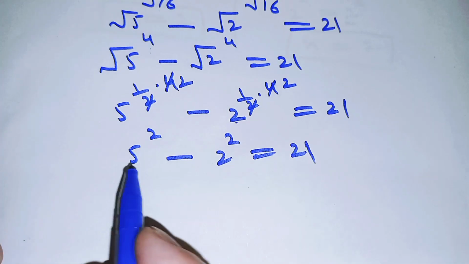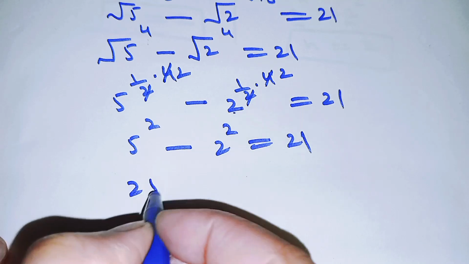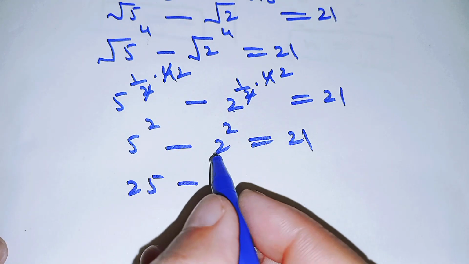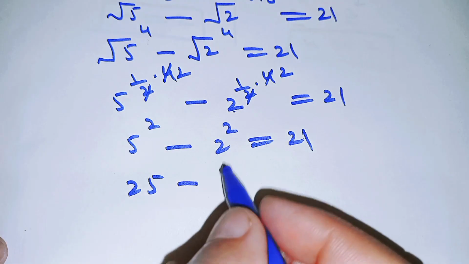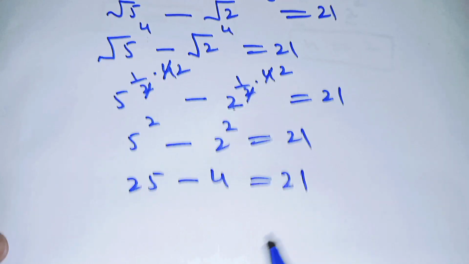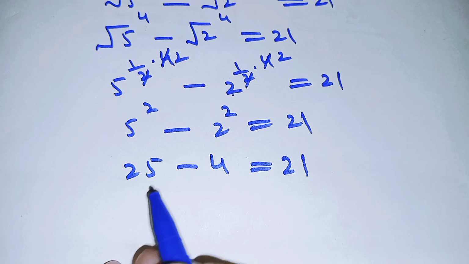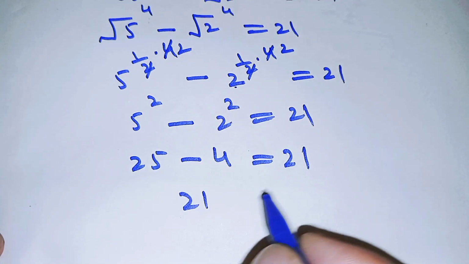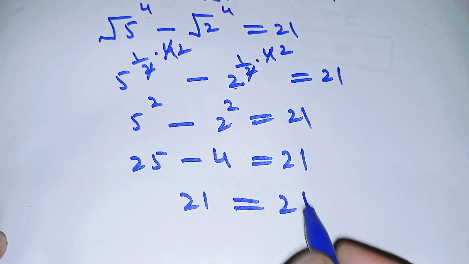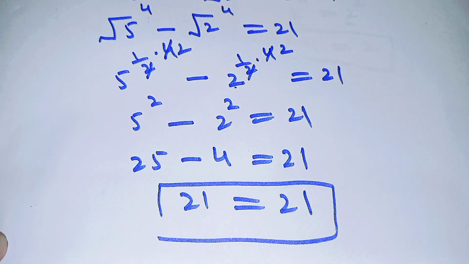Now 5 multiplied by 5 is 25, minus 2 squared, which is 2 multiplied by 2, is 4, and 25 minus 4 is equal to 21. So the answer is the same, and therefore this statement is true.